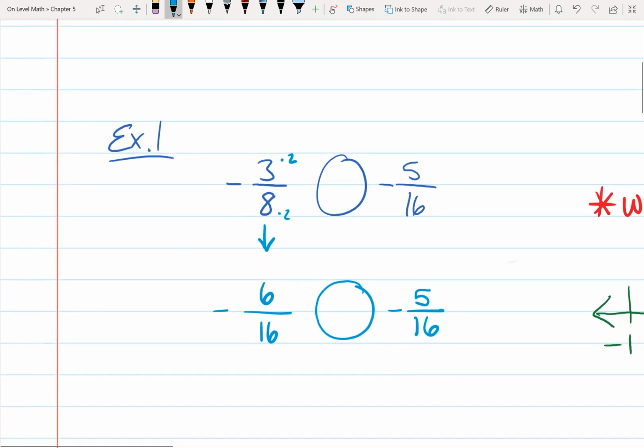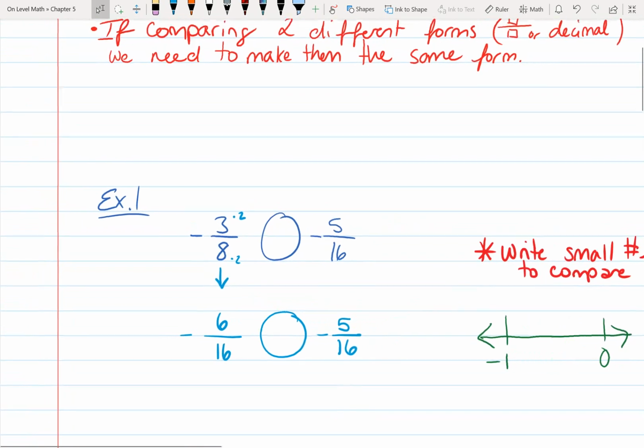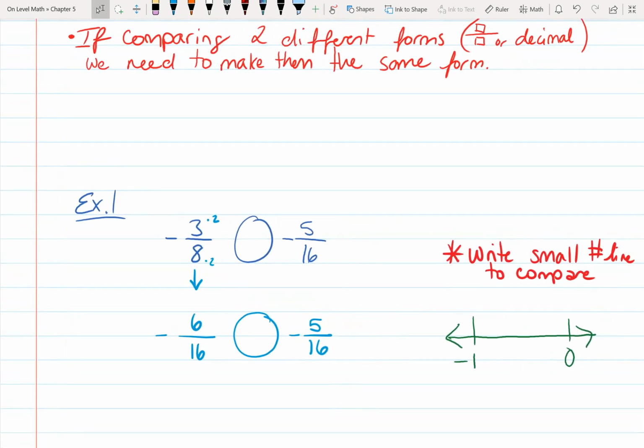Now, when comparing them, I recommend writing a small number line to compare them. And since these two fractions are between 0 and -1 whole, right? Because it's not a whole yet, it's not a mixed number, it's a fraction, which means it's not quite a whole. It would be 16 out of 16 if it were a whole. So it's between 0 and -1. It's not going to be perfect, but I'm going to put them in order. Which of these numbers is closest to 0?